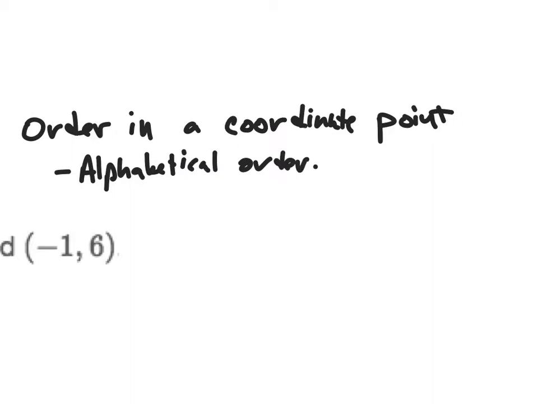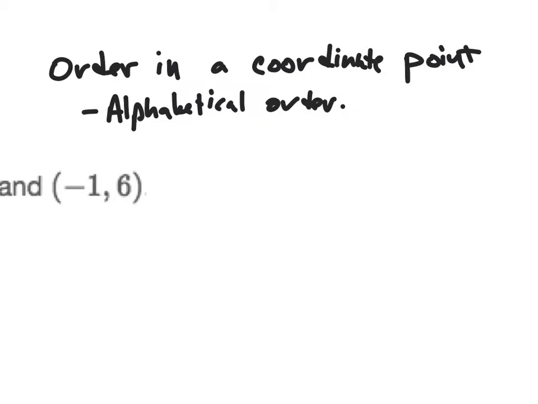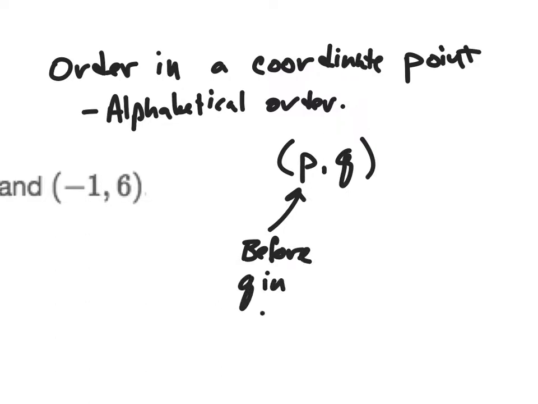If we have the points P and Q, then I would have the point P, and then Q would go second, because P is first in the alphabet. Let me just write that P is before Q in the alphabet. Okay, and that's how I know that.